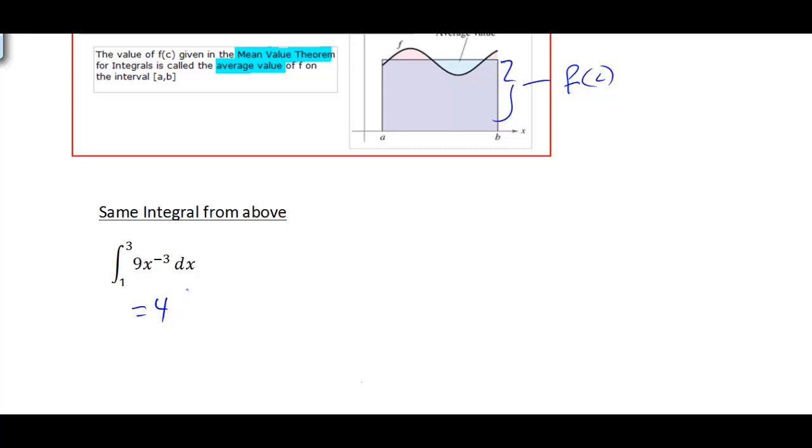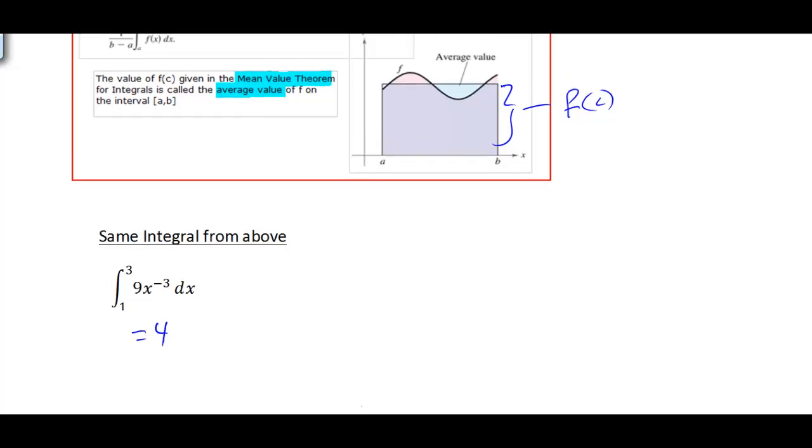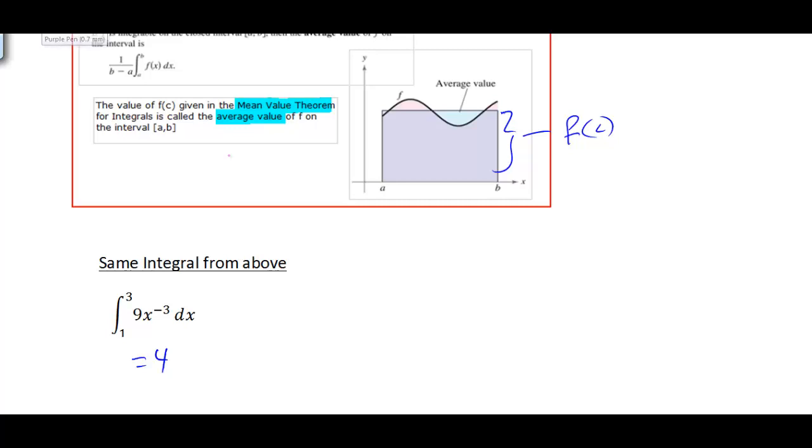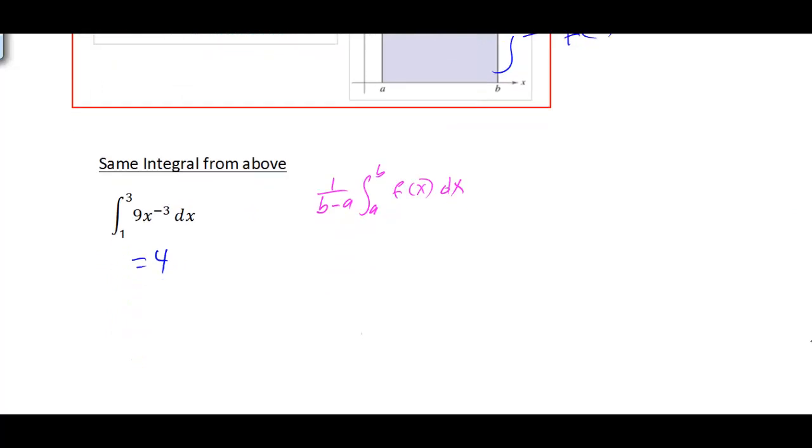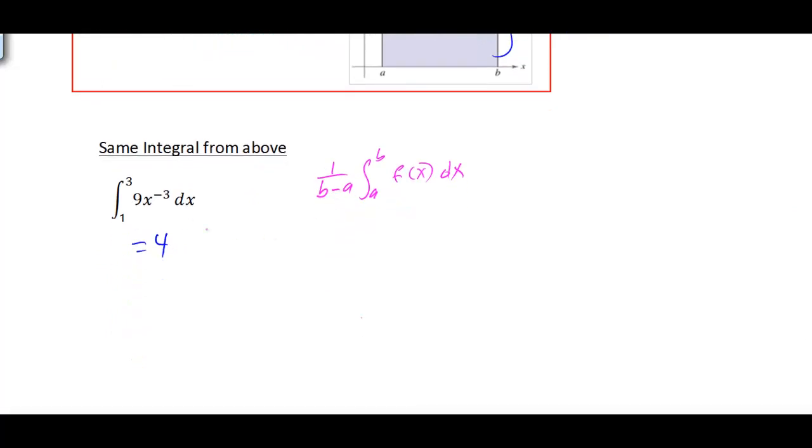Then we have 1 over b minus a, which would be 1 over 3 minus 1, and the integral we're looking at is the integral from 1 to 3 of 9x to the negative 3 dx.